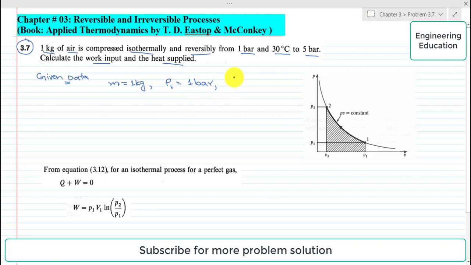Temperature T1 is equal to temperature T2 and it is equal to 30 degrees centigrade. Because this is isothermal process, during isothermal process temperature remains constant, so T2 will be equal to T1. And the pressure after compression is 5 bar.